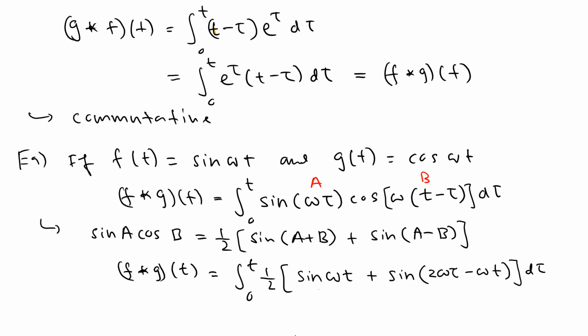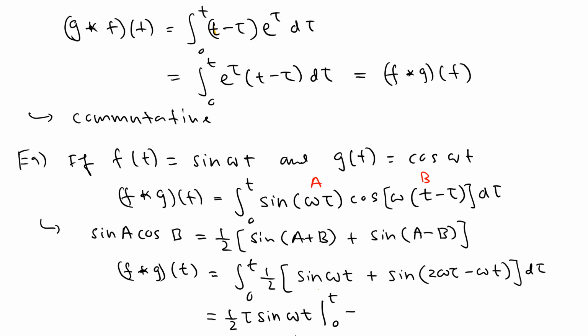That means omega t is a constant, so sine omega t is just a whole constant. You just need to multiply by tau. So this is simply going to be 1/2 tau sine omega t, and then you put t and 0 for tau, minus the second one.